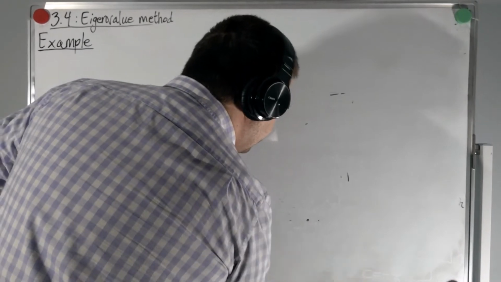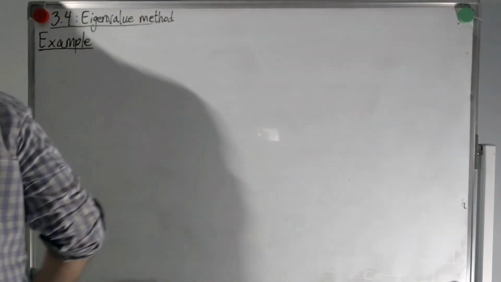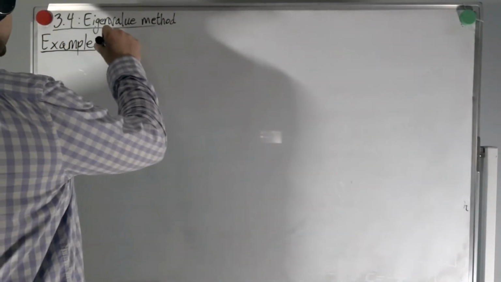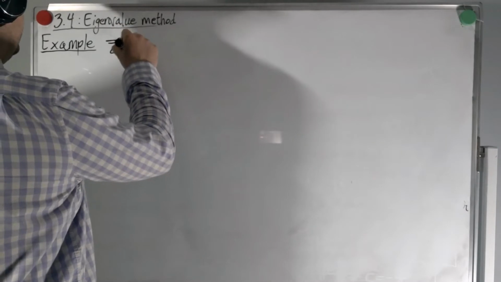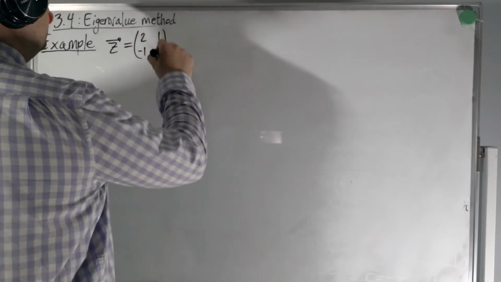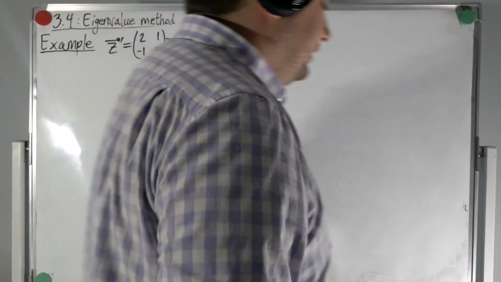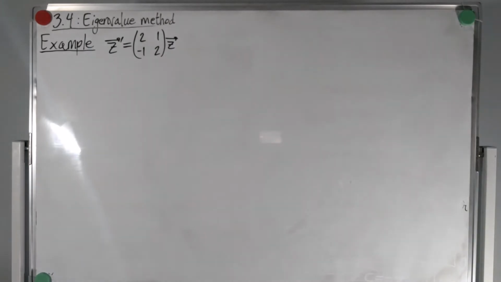But of course, the matrix is going to be different. So let's say we're trying to find the general solution of z vector prime equals 2, 1, negative 1, 2 times the z vector.